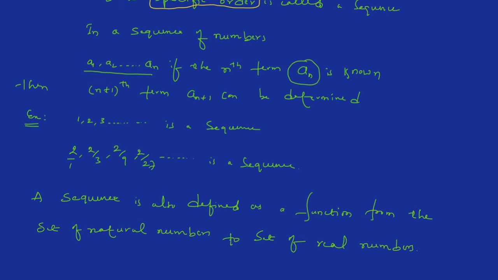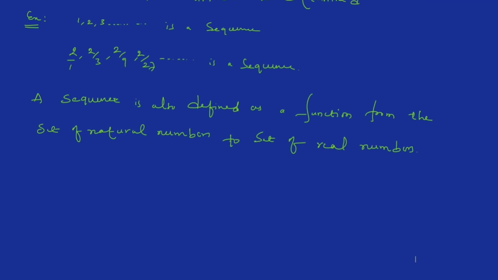A sequence is also defined as a function from the set of natural numbers to real numbers. It is a function, right? We can define a sequence in this way. So now we conclude what a sequence is.